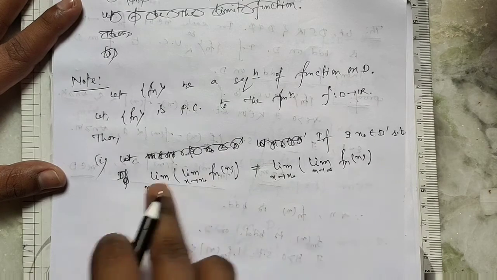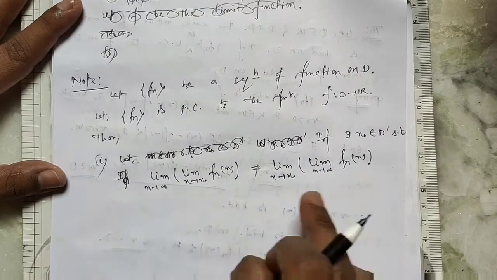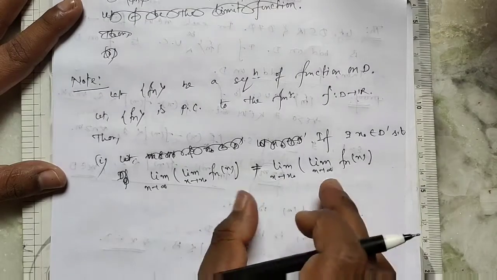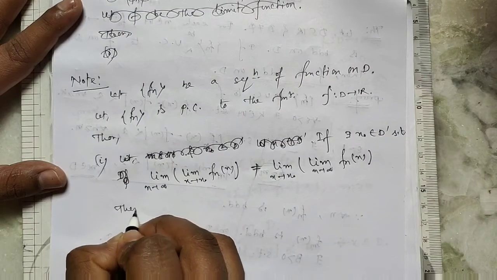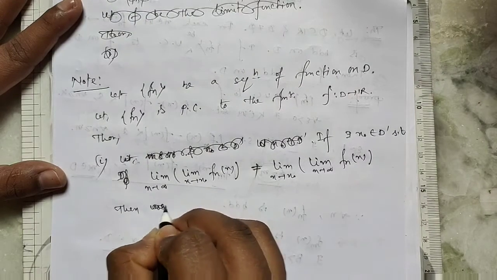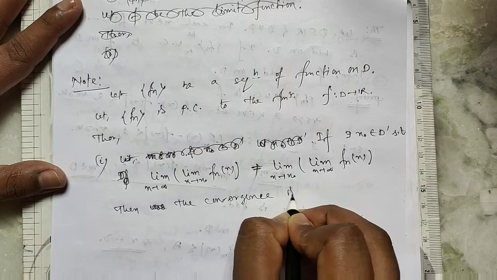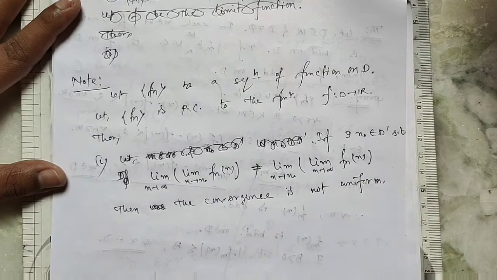So if the limits do not interchange, that is, the one limit is not equal to the other, then the convergence is not uniform. Clear?